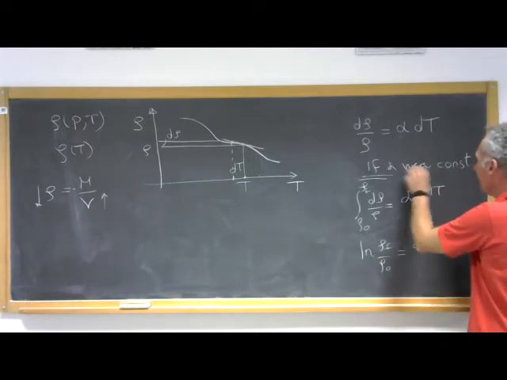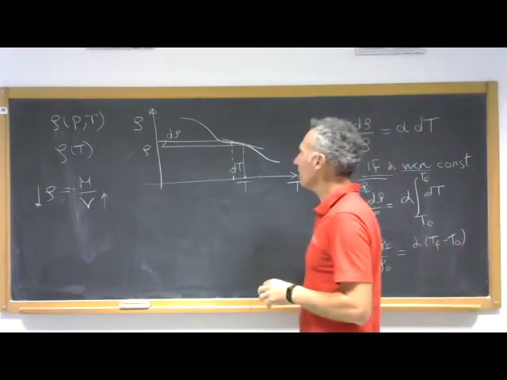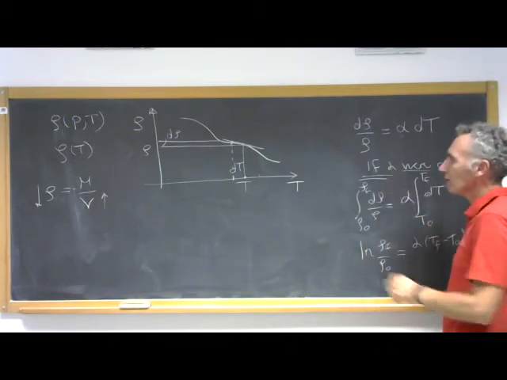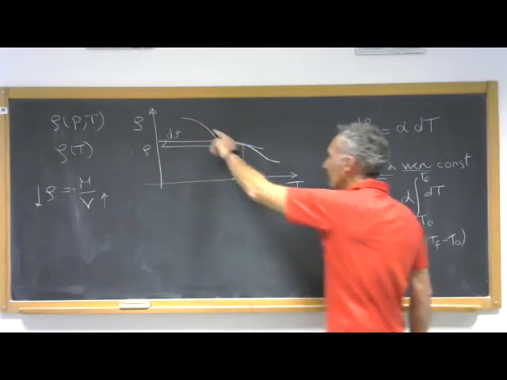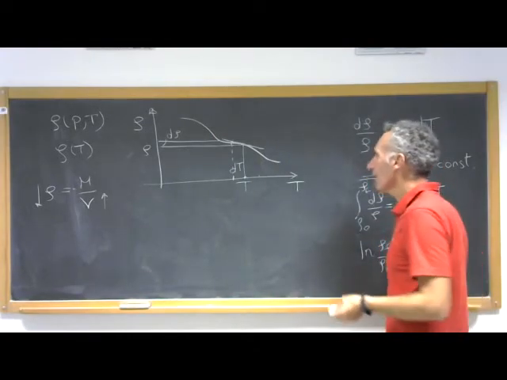However, why do I use the hypothetical? Why do I say if it were? Well, assuming that alpha were a constant would imply that this was a straight line, which clearly is not true.